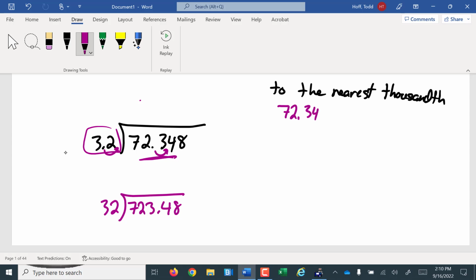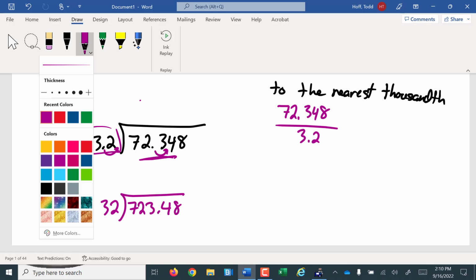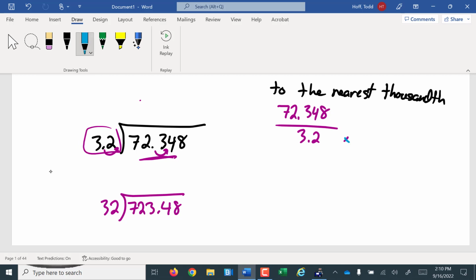Well, we've mentioned that fractions and division are kind of interchangeable. So if we turn that division into fractional form, if I wanted to move the decimal point down on bottom, I just have to multiply by 10 to make it 32. Multiplying by 10 moves the decimal point one spot.